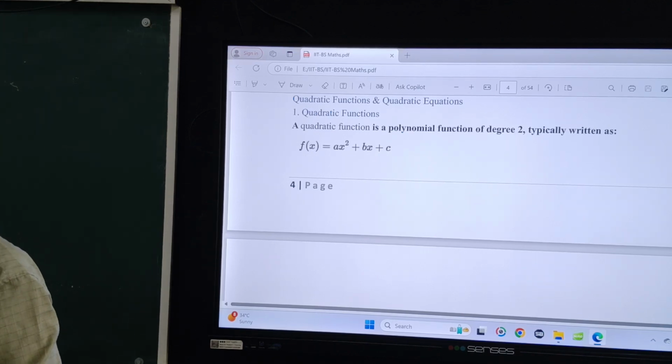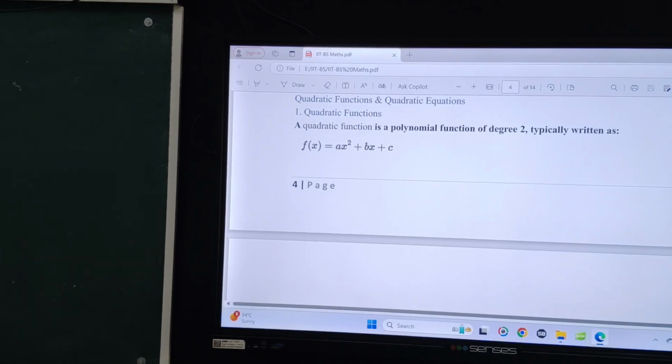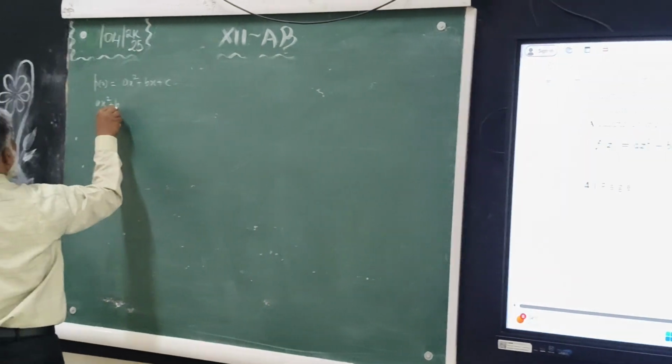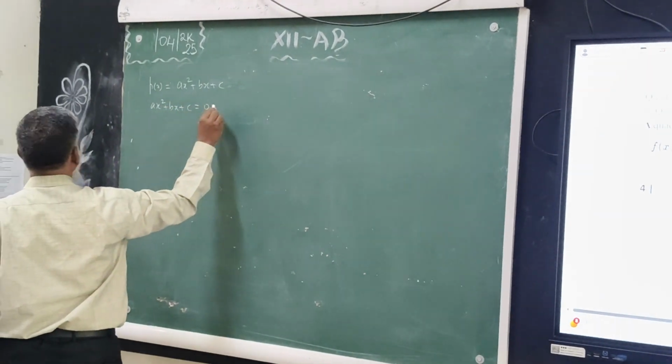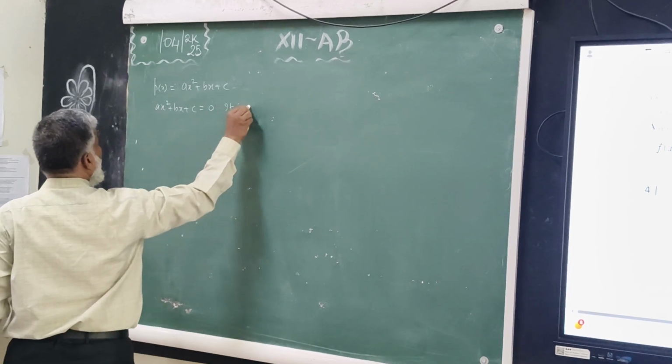Is it a polynomial? Yes. Polynomial means here we can write it as p of x equal to that, then it is a polynomial. Suppose I am putting it equal to 0, ax square plus bx plus c equal to 0, it is an equation. What equation? Is it a straight line?